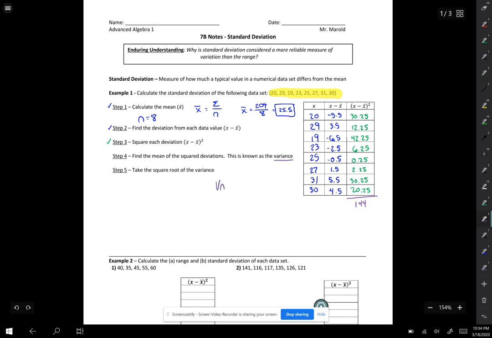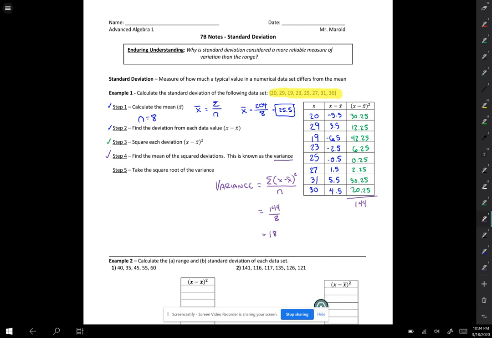Our variance is going to be the sum of this last column, so that's each value minus the mean, squared. Then we divide that sum by the number of terms, which is still 8. So we get 144 divided by 8, which gives us a variance of 18. That's our step 4.